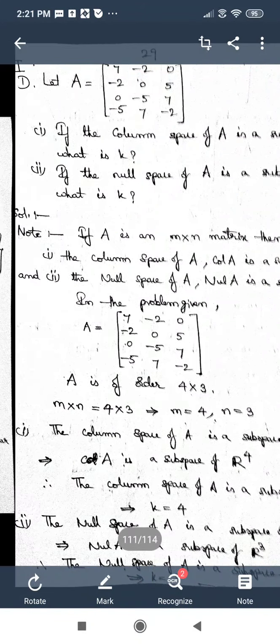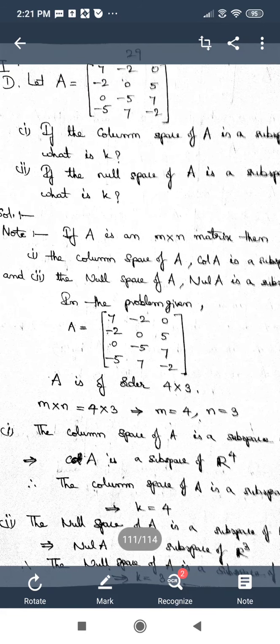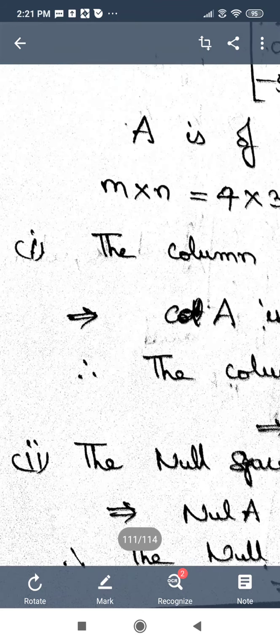So here A is of order 4 by 3. That means if we compare this order to m by n, we can say that m by n here is equal to 4 by 3. So that m has the value 4 and n has the value 3.